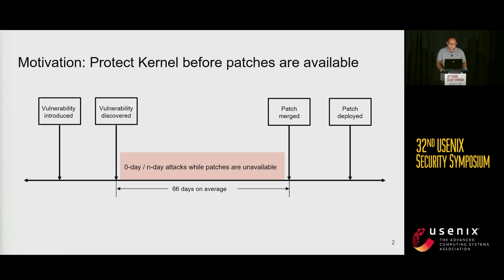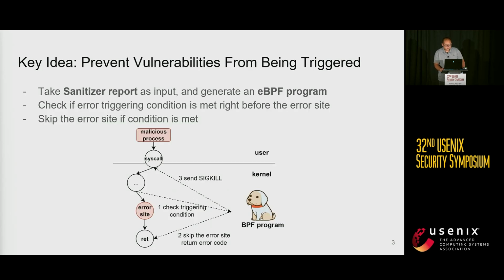So apparently there is a time window of at least 66 days between discovering a vulnerability and a patch becoming available, in which the kernel is left vulnerable and unable to protect itself from exploitation. This motivated us to present our work: prevent discovered errors from being triggered.